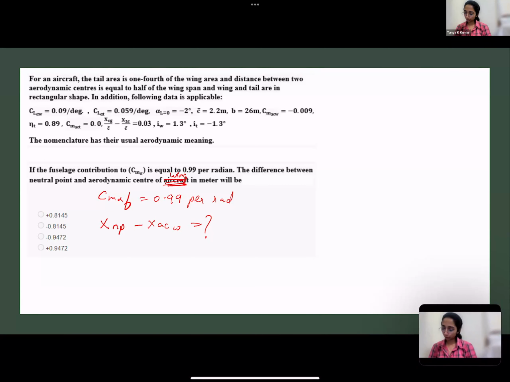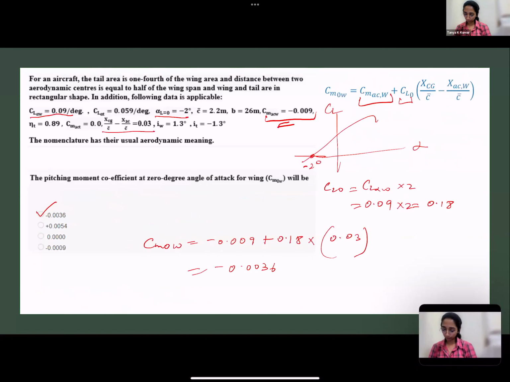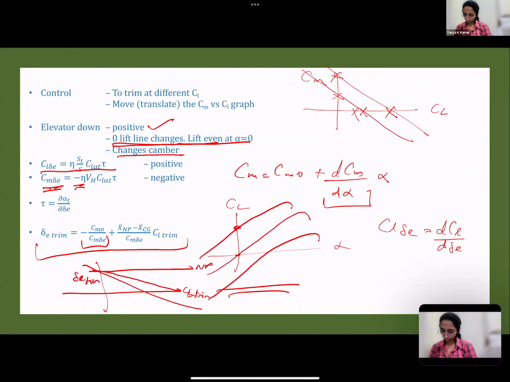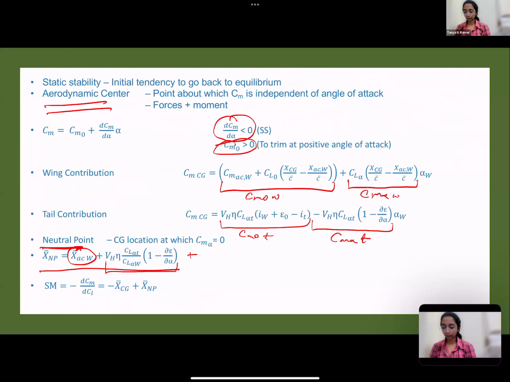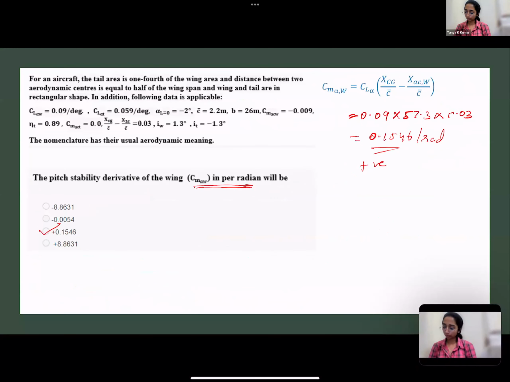I'll just show you the neutral point equation once. So this was your neutral point equation, right? They've asked you XNP minus XAC wing. Okay. Let's just go back here.